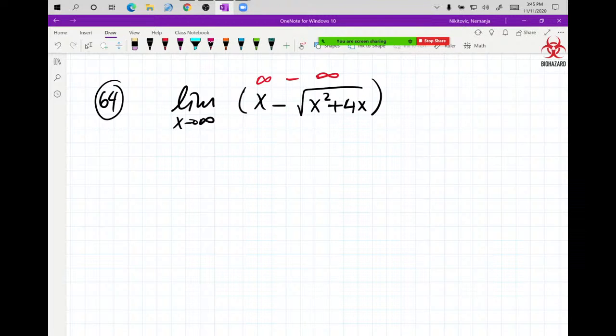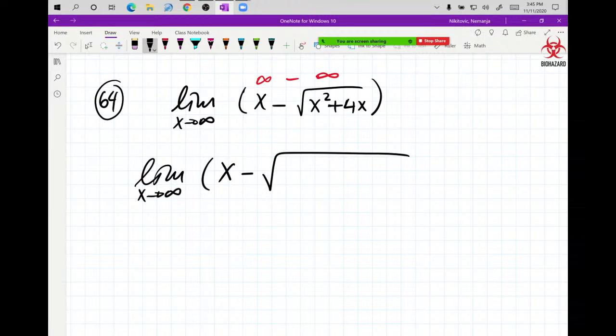So we start by, we have to copy this limit every time. We start by first factoring x squared inside the parenthesis. And then that x squared is going to escape as a single x outside, and then we'll be able to factor out x.